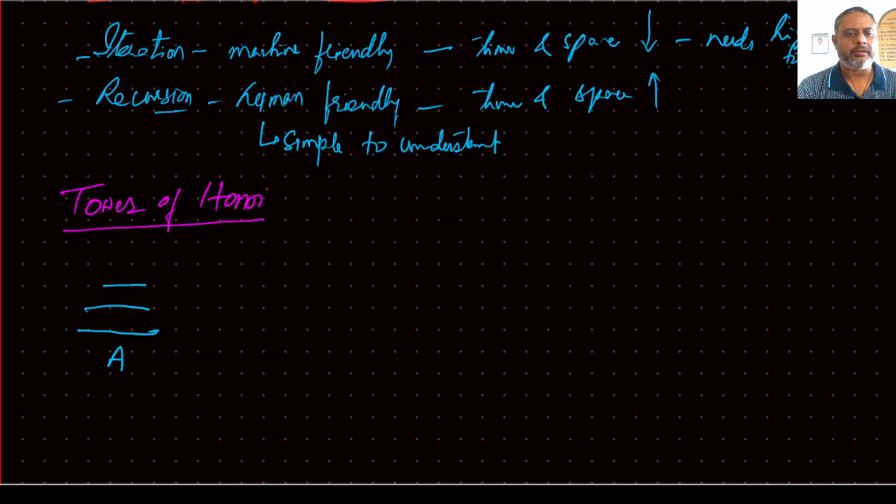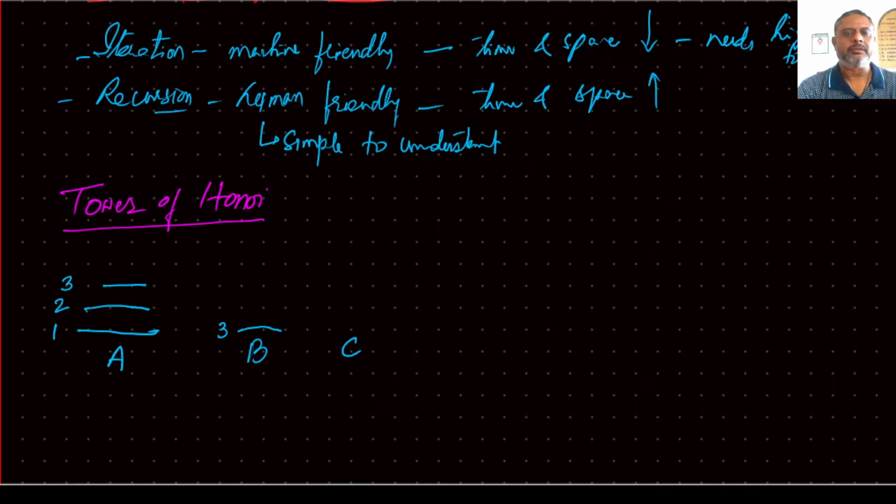On A there are slabs 1, 2, 3, and there are 2 places free, B and C. These slabs are placed one over the other, so you cannot take slab 1 out. Slab 3 should come out first. So let me take slab 3 out and place it in B.